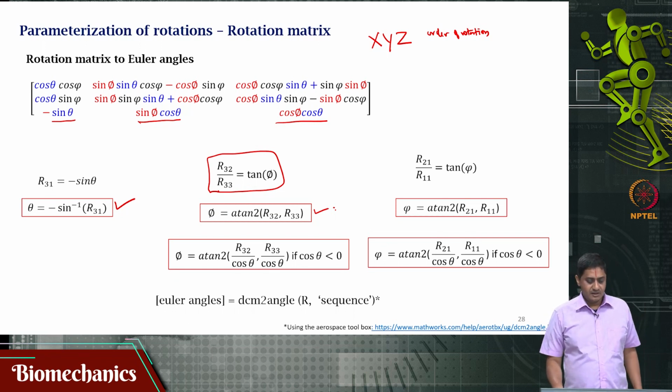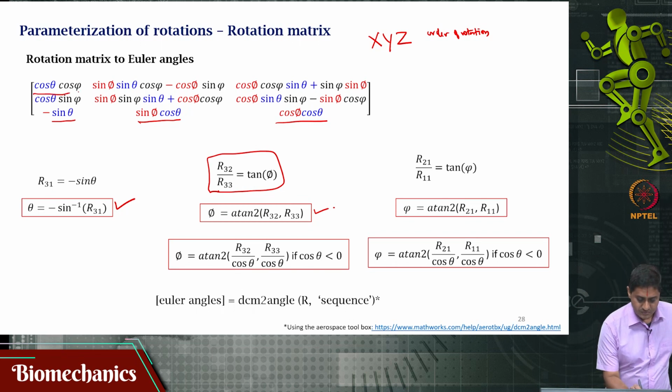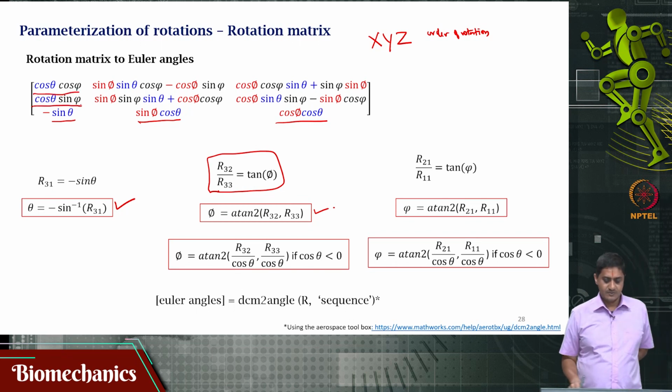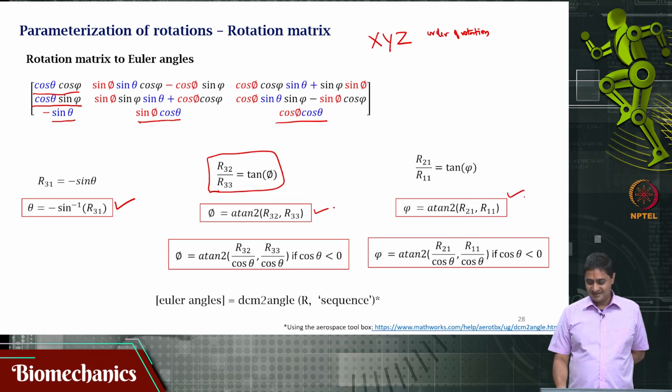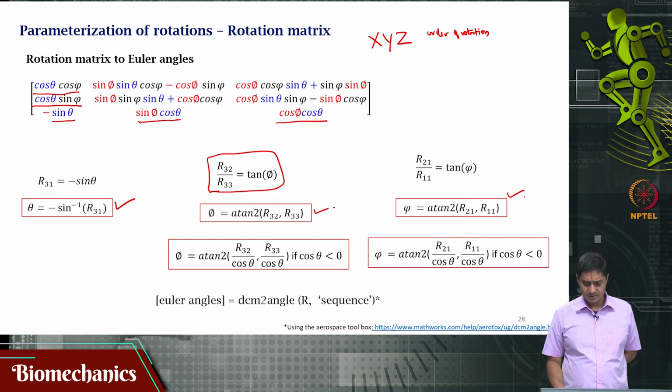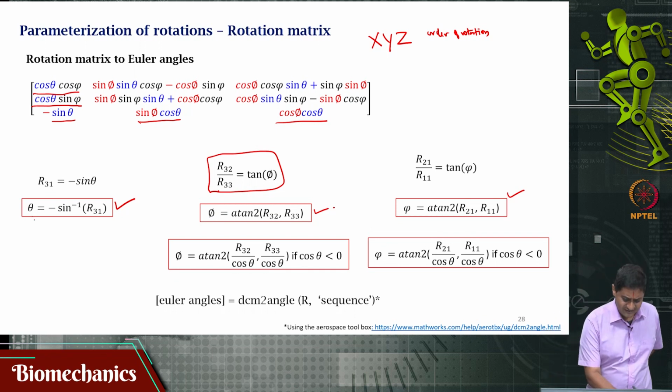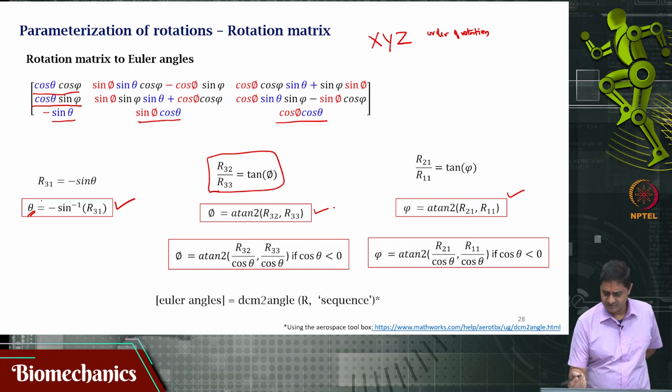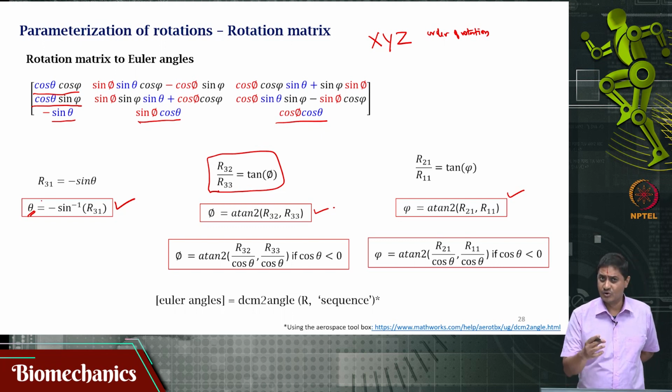Likewise, if I take these two, if I divide one by the other, I am going to get tan psi, and I can find psi as tan inverse of R21 divided by R11. I can do something else. If I first find theta, there are other ways of doing this. There is no single way to do this.